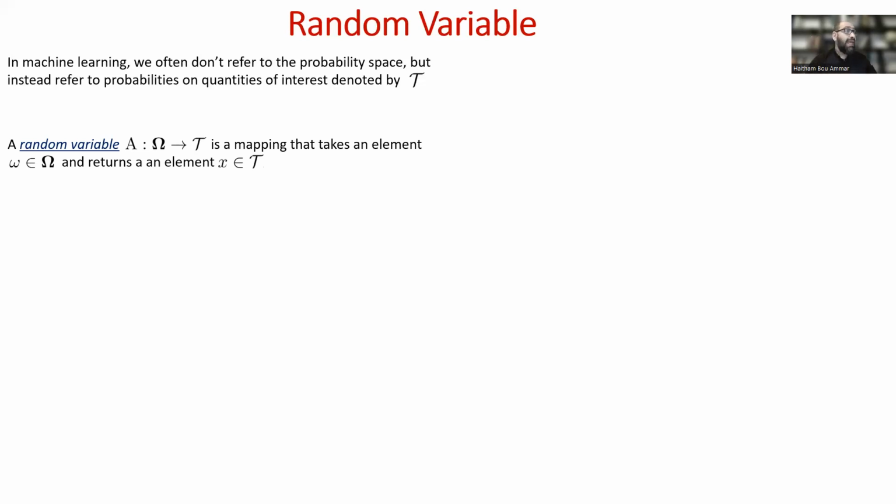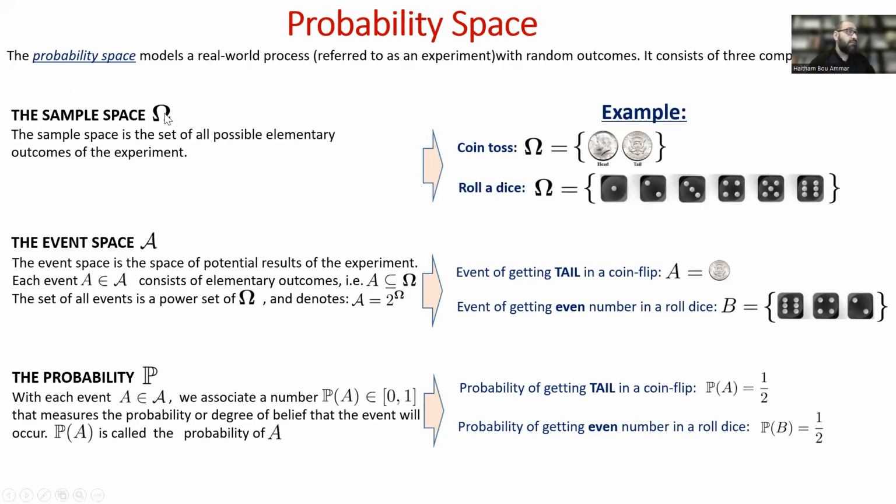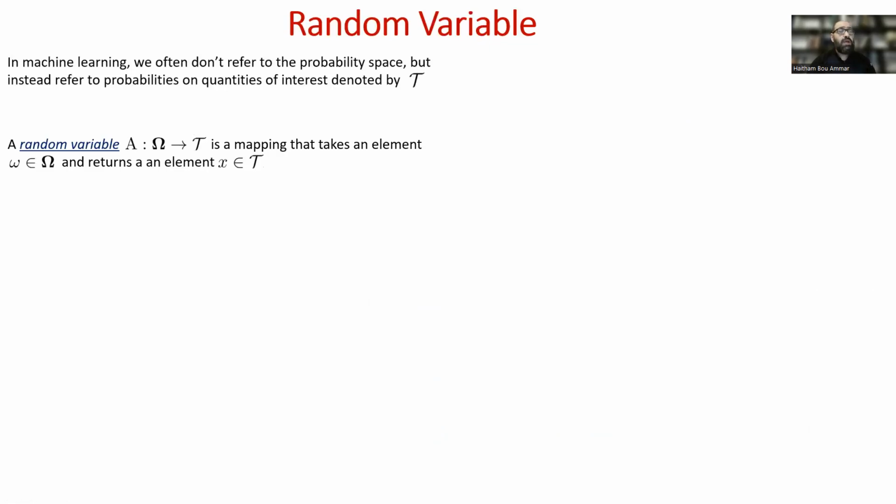And now the random variable is this function that will take an elementary outcome from our sample space omega, and then map that to an element inside this set T, which we are interested in.